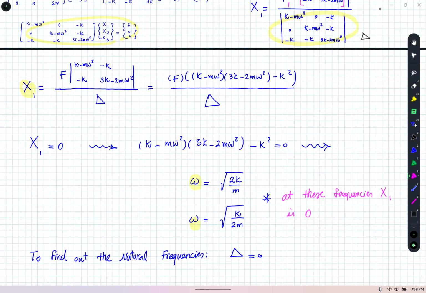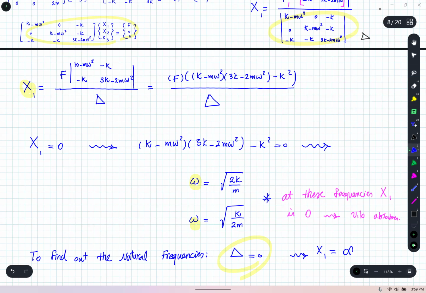It means the vibration absorber happened here. But at delta equal to 0, you'll find your natural frequency, and x1 becomes infinity, which we know at natural frequency, the system experiences resonance and infinite response.